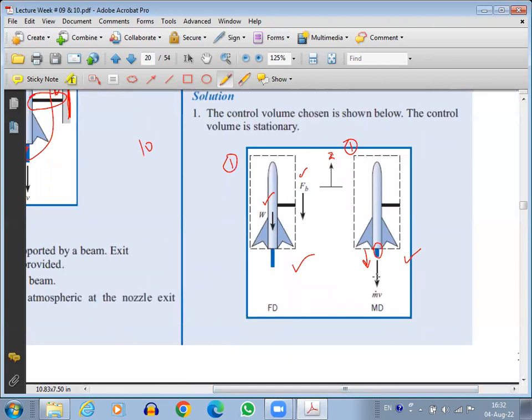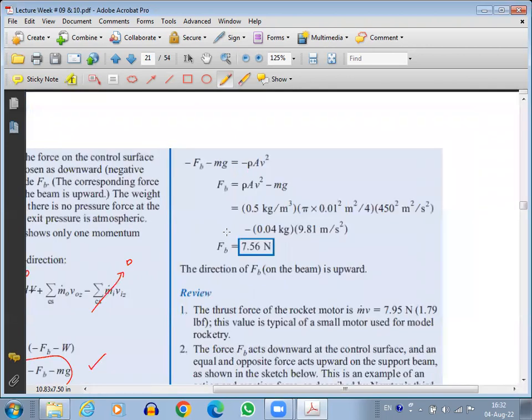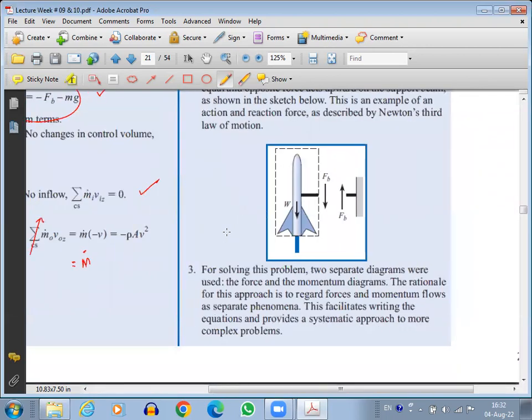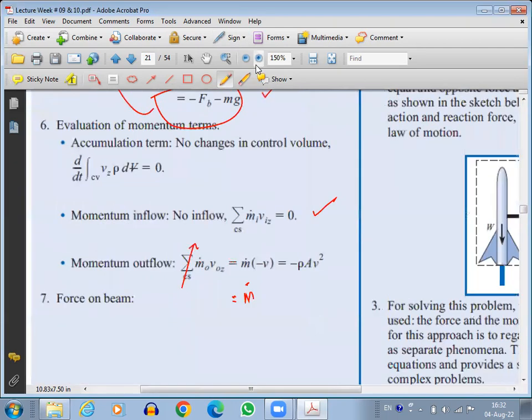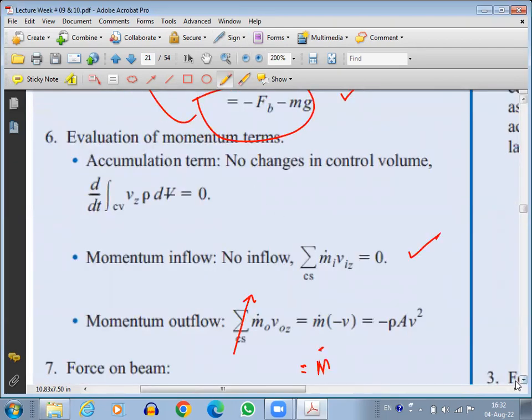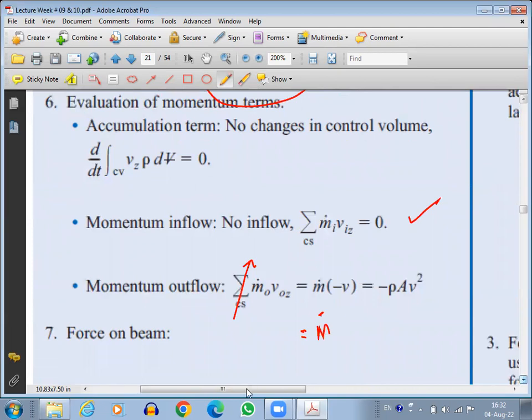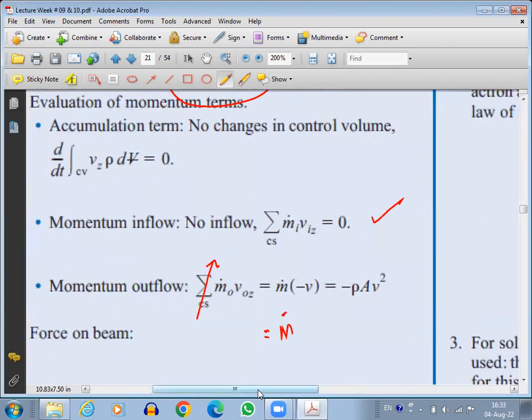Look here, our z direction is upward positive, and the exhaust is going in the downward direction. So velocity is in the negative z direction.